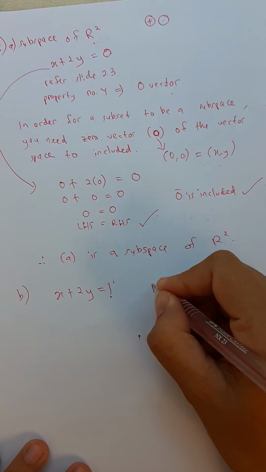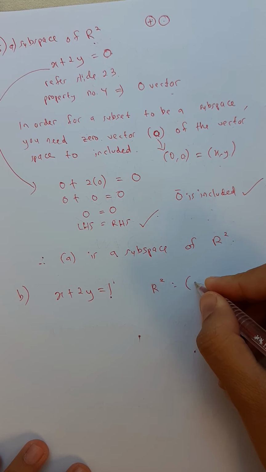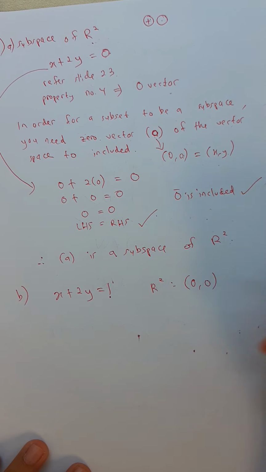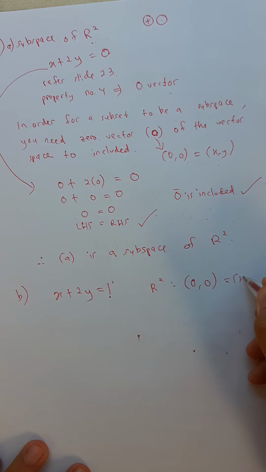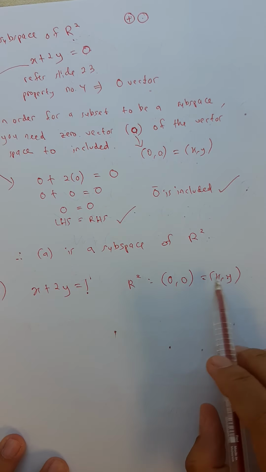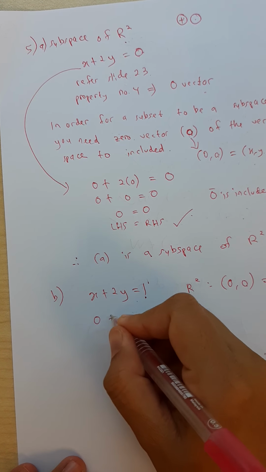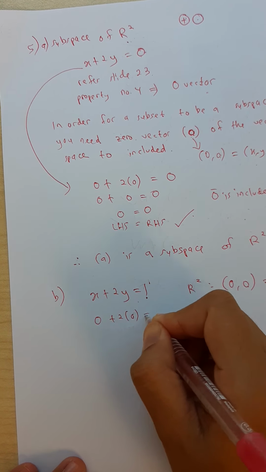Again, this is in R2, which implies two coordinates, so the 0 vector is given by (0, 0), the coordinates x and y. I substitute into this subset: 0 plus 2 times 0 equals to 1. 0 plus 0 equals to 1. This is 0 equals to 1.